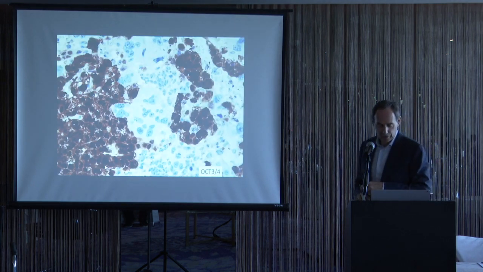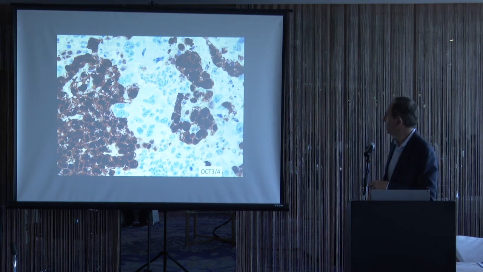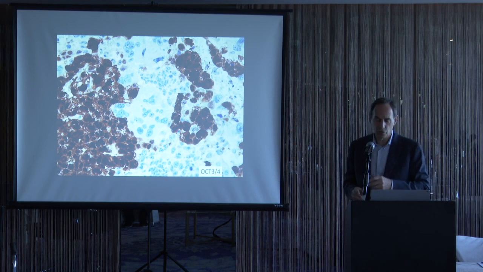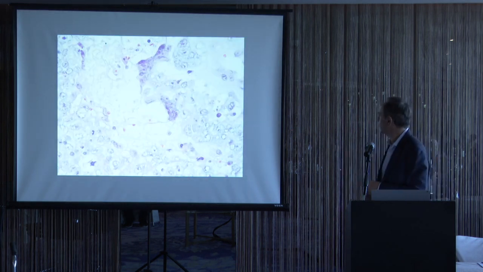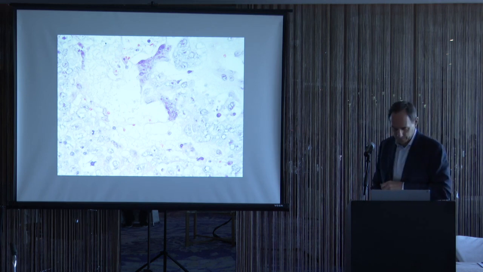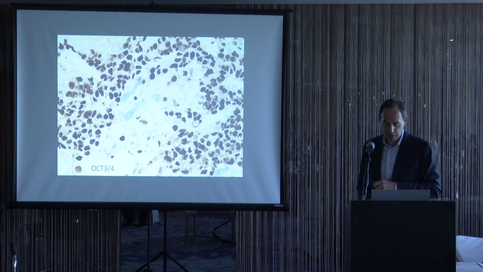Here's the case showing the OCT3-4 staining the embryonal carcinoma and not the syncytial trophoblast. From the previous case, showing that this is embryonal carcinoma plus syncytial trophoblast, not choriocarcinoma. Another case of embryonal carcinoma with the syncytial trophoblast with the OCT3-4 staining.